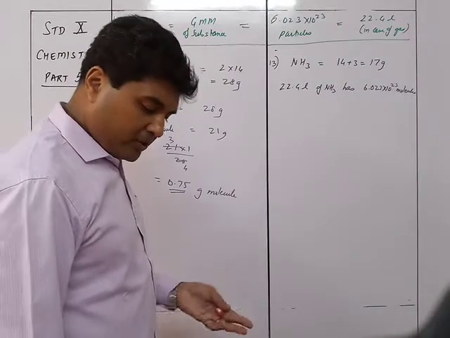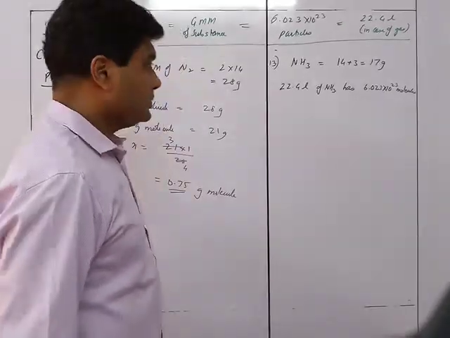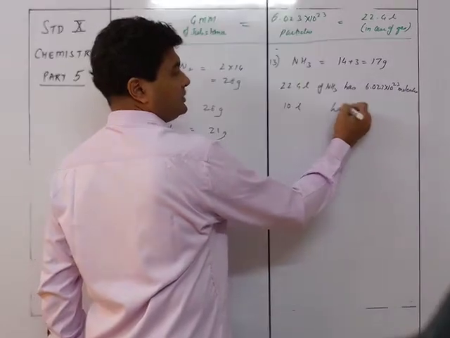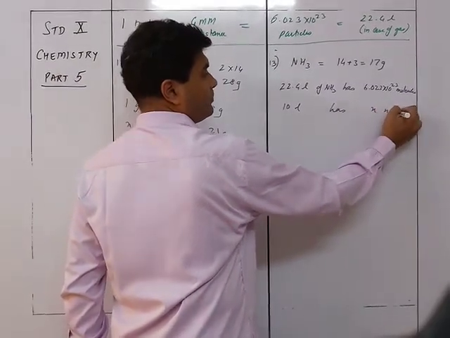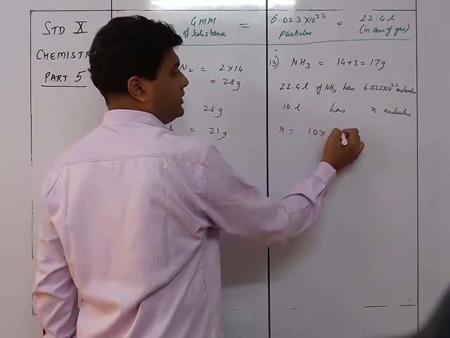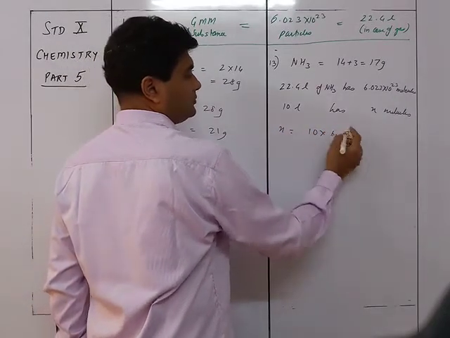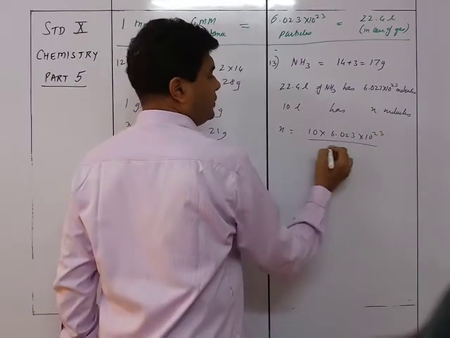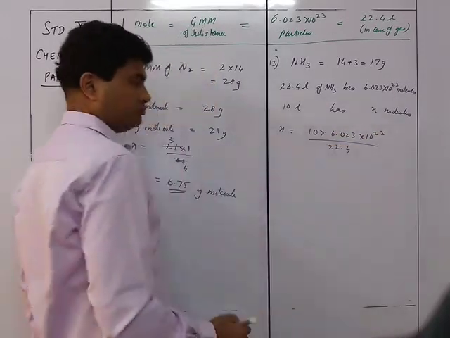We first find out the molecules and then convert them into atoms. Therefore 10 liters has X molecules. So X is equal to 10 into 6.023 into 10 raised to 23 upon 22.4.